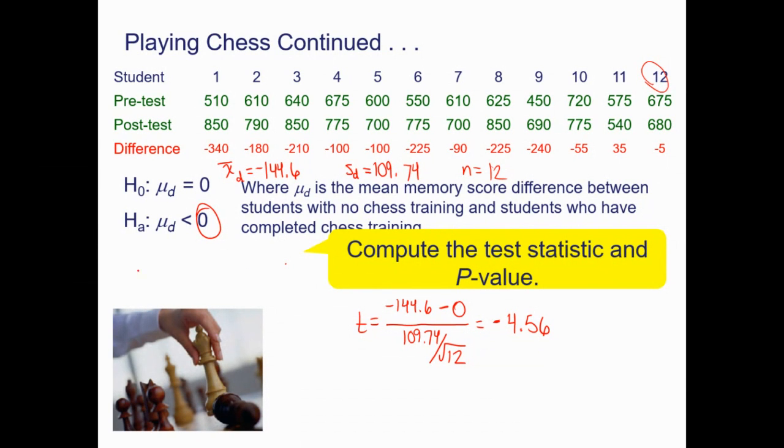So for this one, what kind of test do I have? If it's less than, that's a left-tailed test.